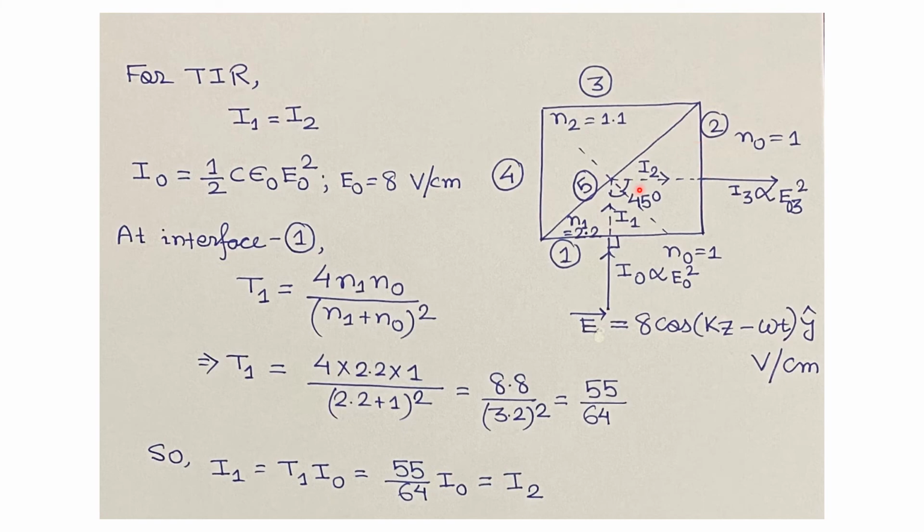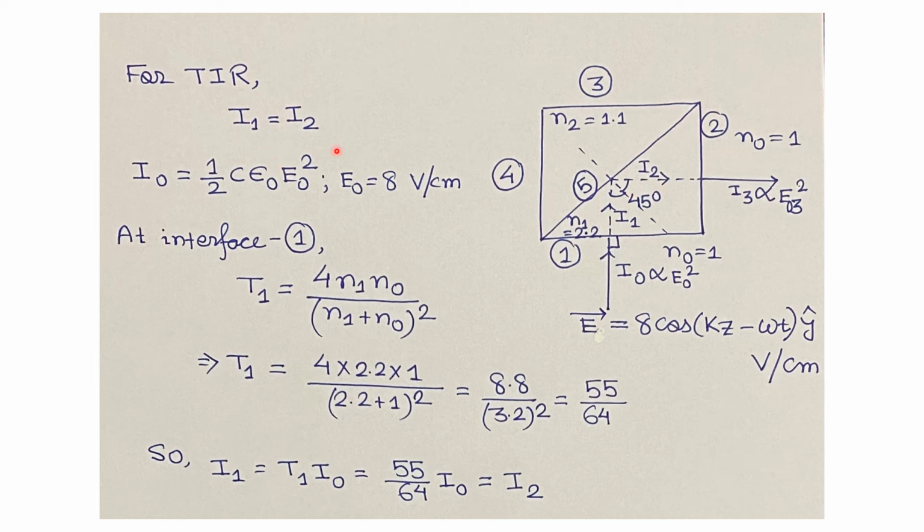As total internal reflection is taking place at the diagonal interface, the intensity of the incident EM wave on this interface, I1, will be equal to the intensity of the EM wave after getting reflected from the interface, that is I2.